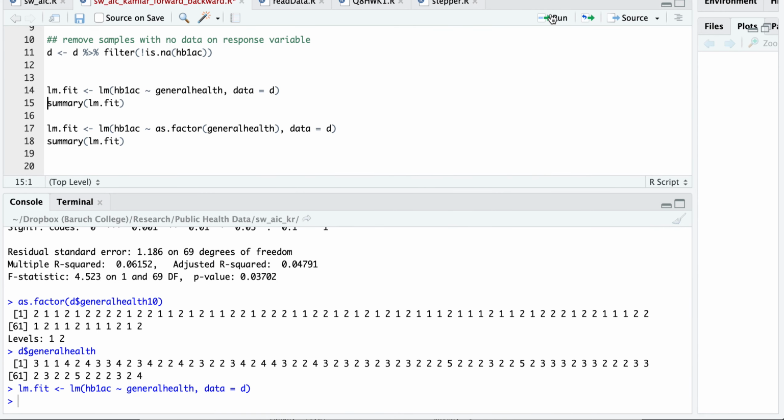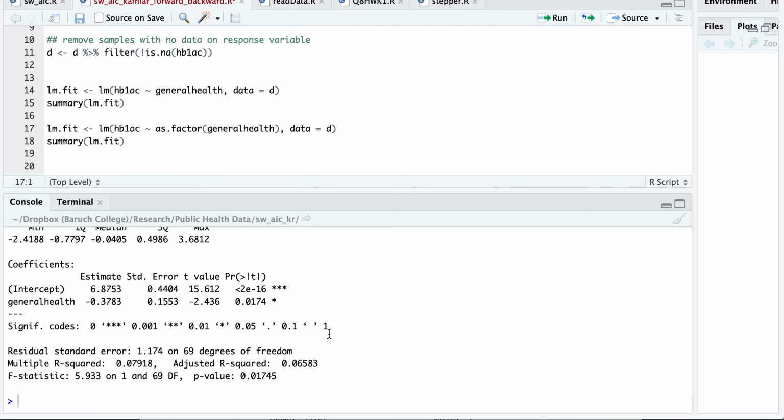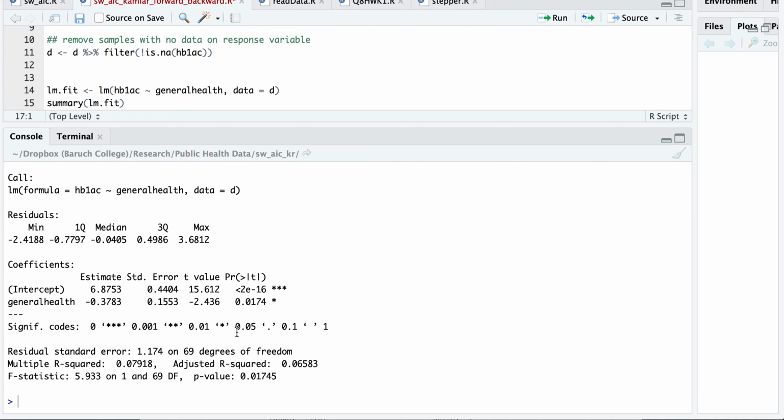And yes, we see the coefficient is significant, and it's negative 3.7. How do we interpret this?